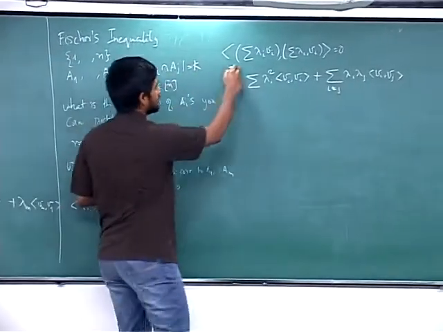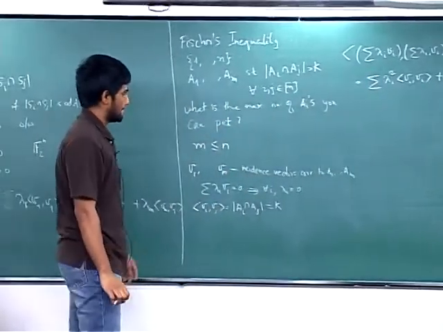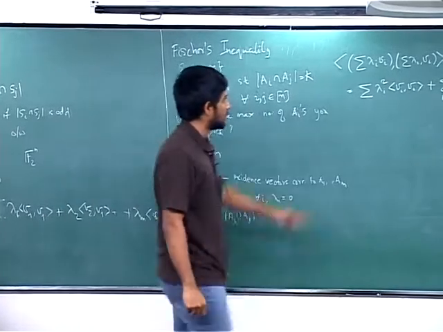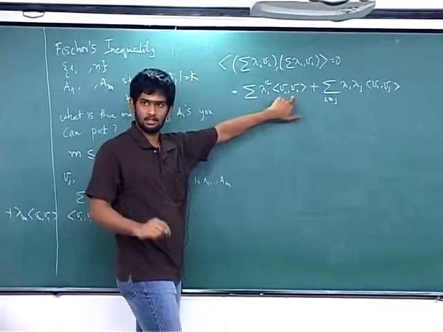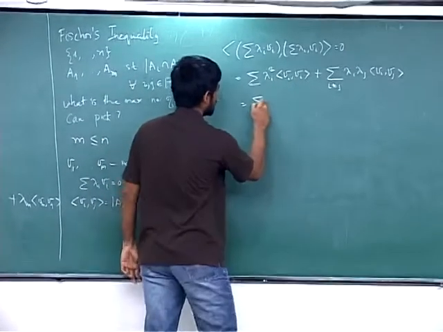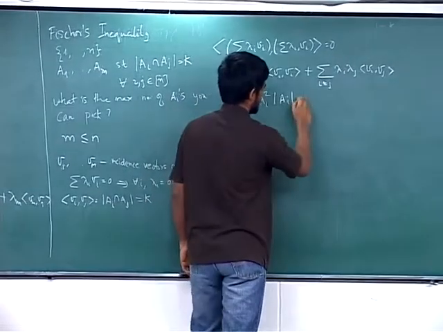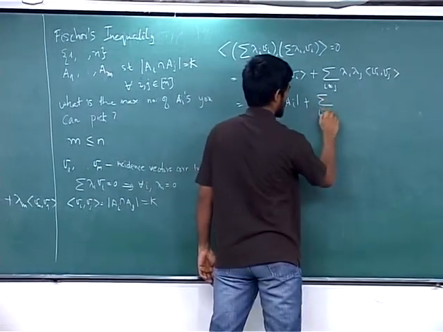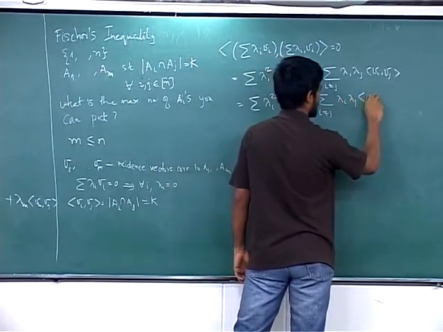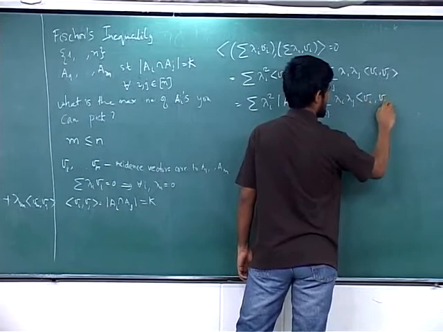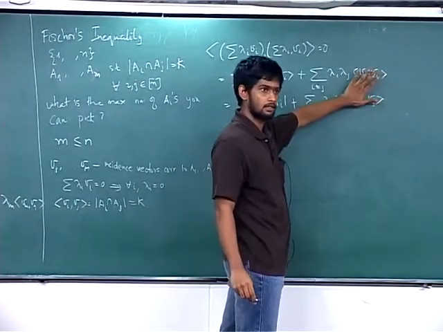This is equal to this. And what is this value? This is nothing but the cardinality of the set ai, right? This is lambda i squared ai. And what is this value? This is k, right?